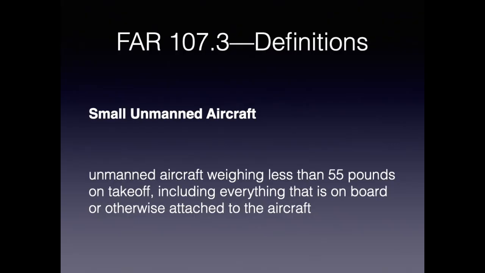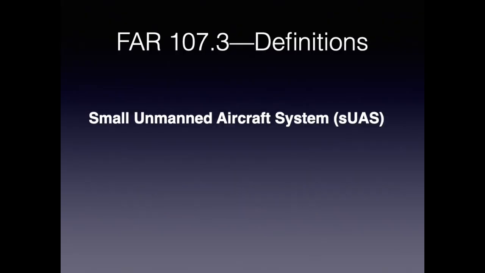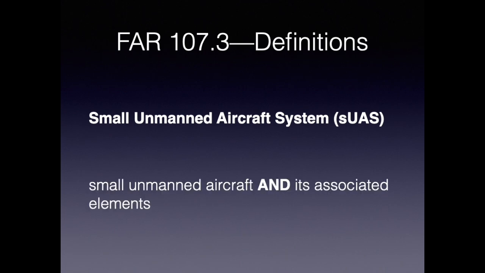Okay. The next one is small unmanned aircraft systems. And this is the small unmanned aircraft and its associated elements. So here we're talking about the aircraft, we're talking about the controller or the control station to use FAA terms. If there is any other equipment that you need to use in order to operate this aircraft, all of that put together is what is considered the small unmanned aircraft system.